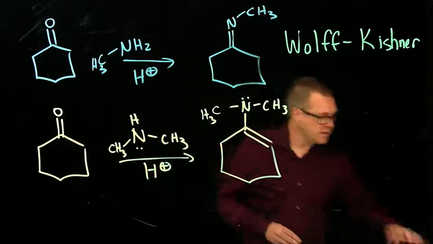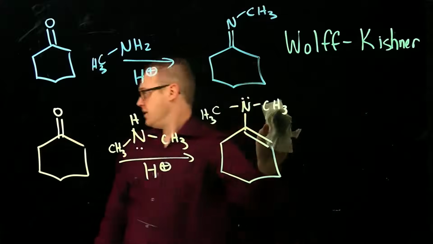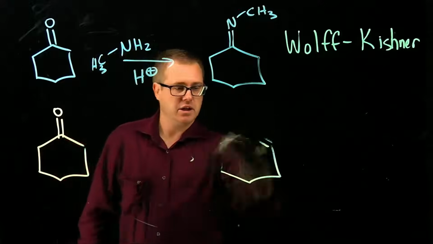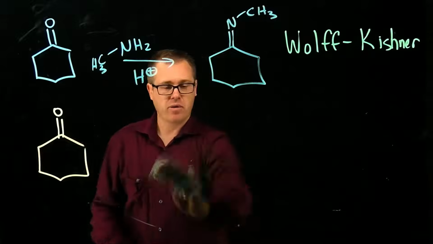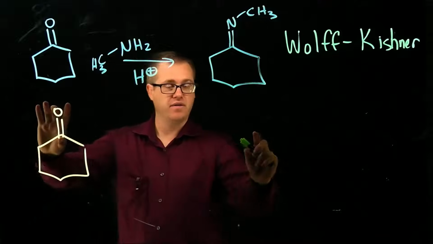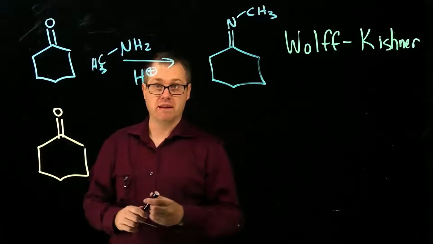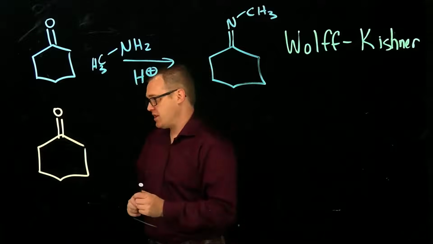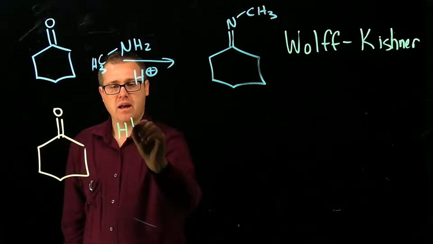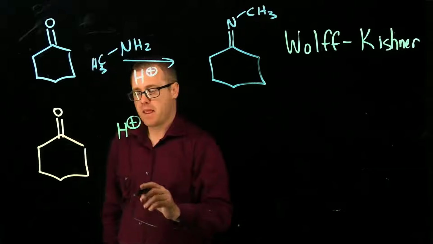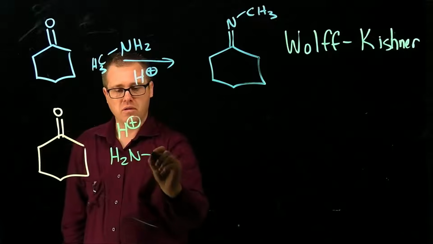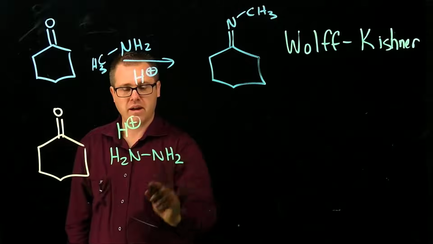And the process is a reduction. What we're going to do is get rid of the ketone and convert it into an alkane. And this is a two-step process in which you add some acid, and then you're going to use a molecule right here.